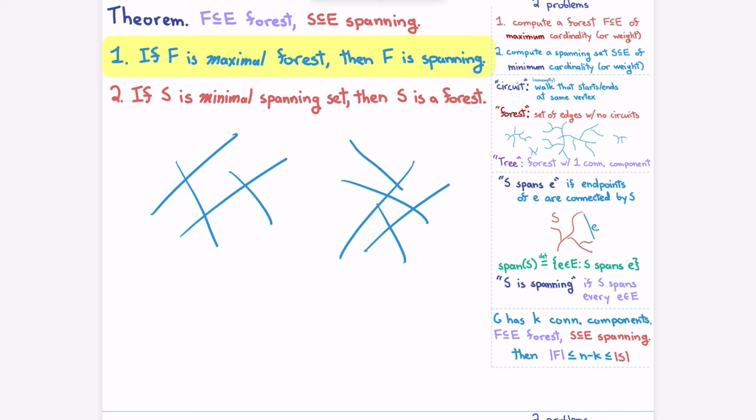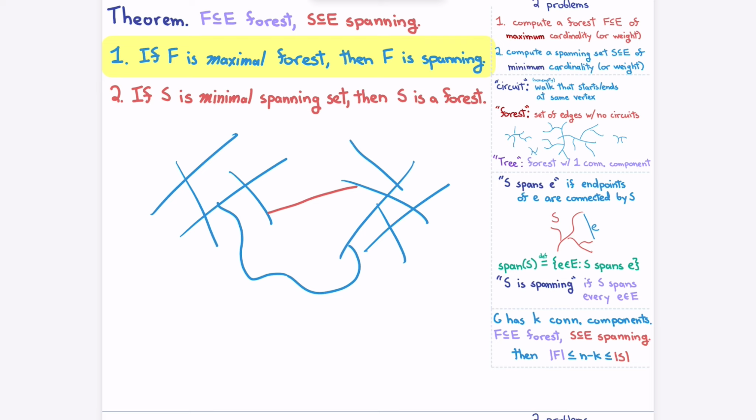And suppose I'm looking at another edge. Now, if my forest was maximal, then adding this should create a cycle. That means there must be some path in the forest that apparently I didn't draw. So if it's maximal, there must be some way to connect the endpoints, which means it's spanning.